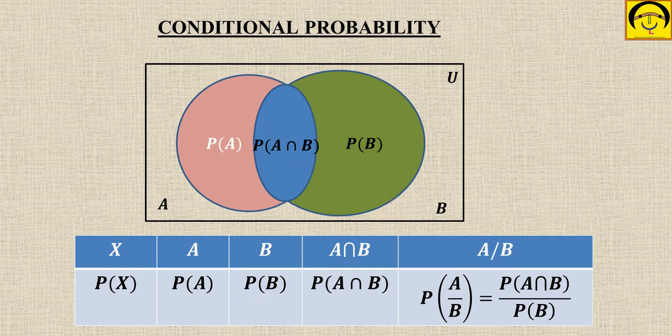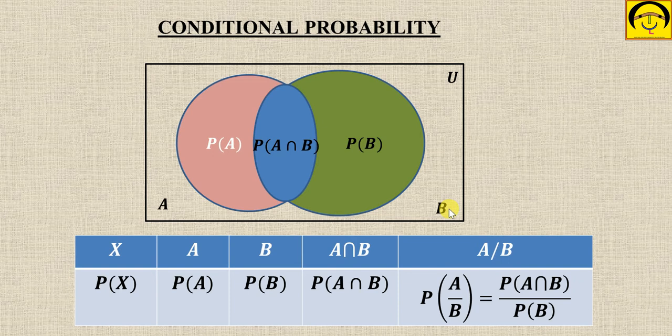Now suppose A and B are independent, it means A ∩ B is phi. Then what will be the probability of A given B? Let's think.